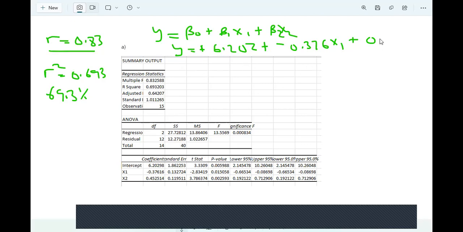Then here we have 0 point what? 0.4525. So this is our regression equation. This is x2. All right. Are we together?